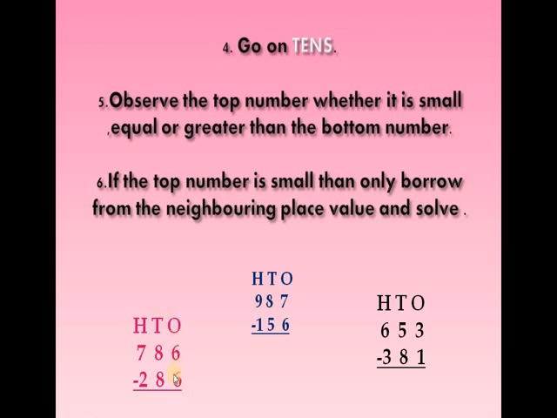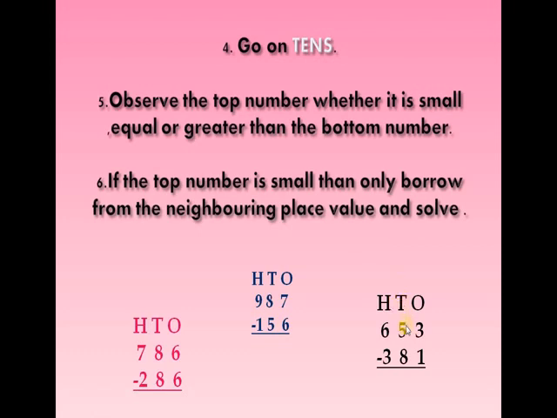Suppose if we have solved this sum of ones digit, after that we need to observe the same thing in tens, whether it is equal, here 8 and 8, so equal, here in tens place 8 minus 5, that means this top number is bigger or greater than the bottom number, so no borrowing needed here. And when it is equal also, no borrowing.